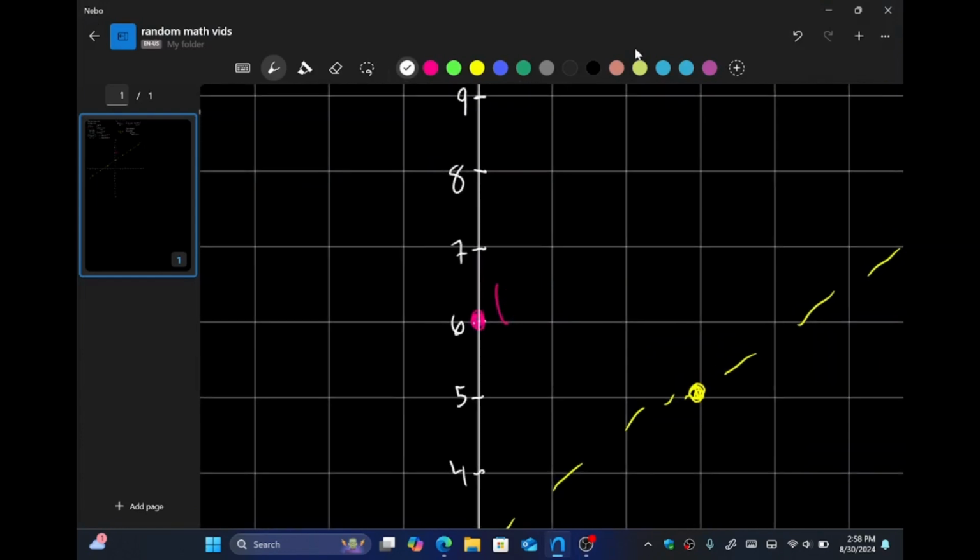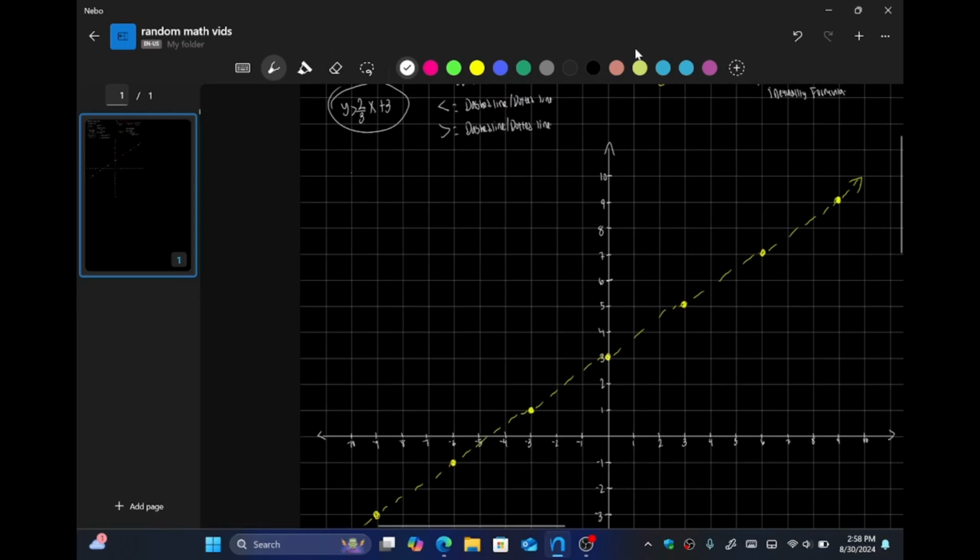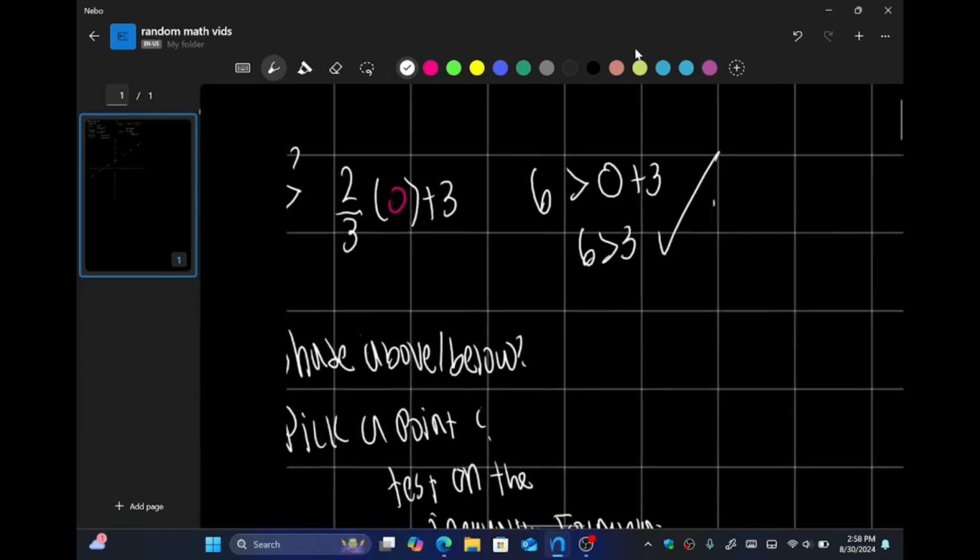Because of this, it's going to be shaded above.